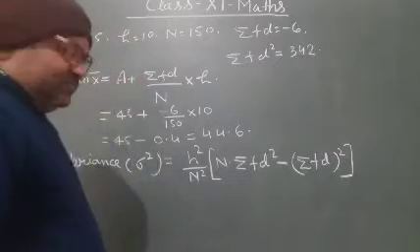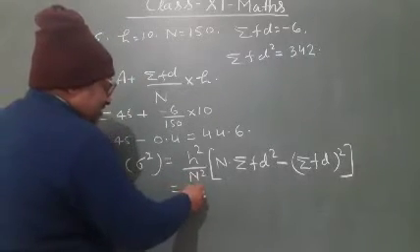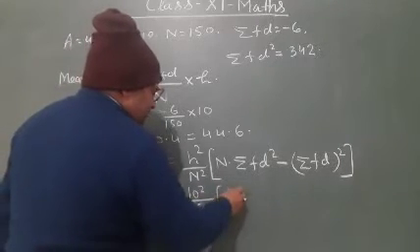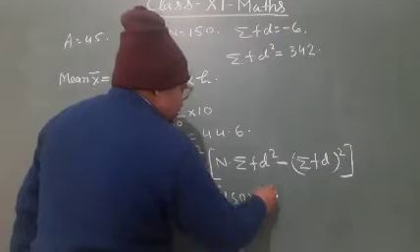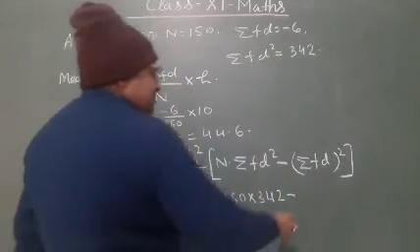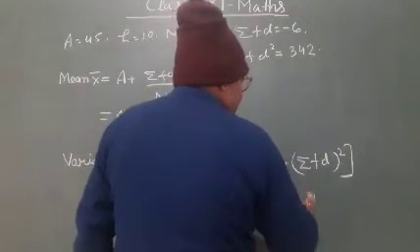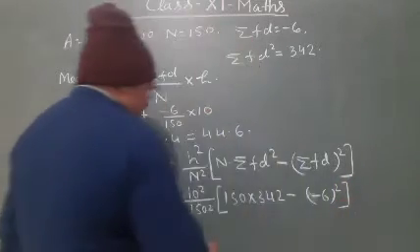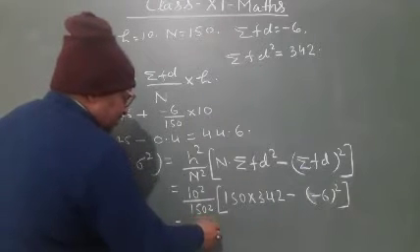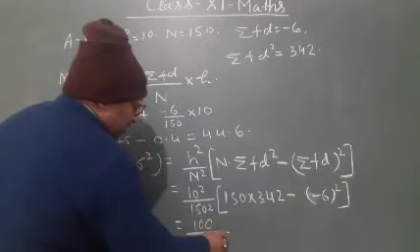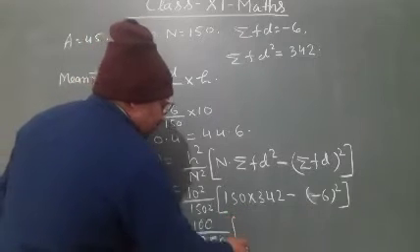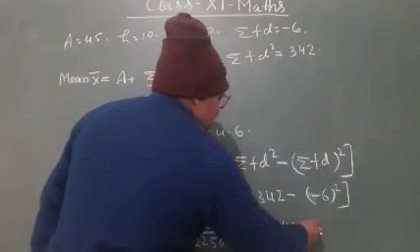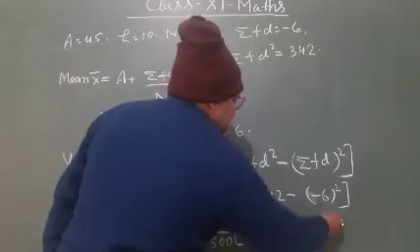So therefore 10 square upon 150 square, 150 into 342 minus 6 whole square. So therefore 100 upon 225, 150 into 342 minus 36.